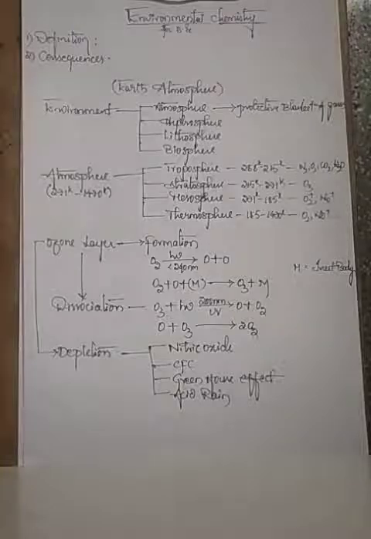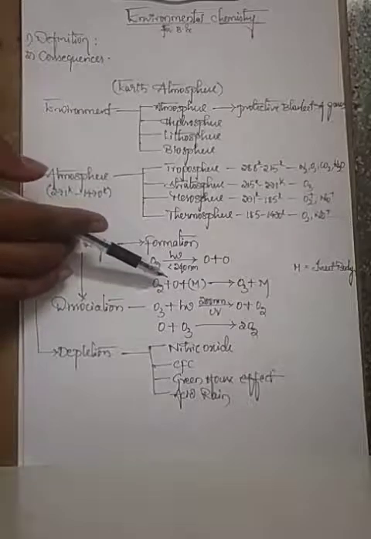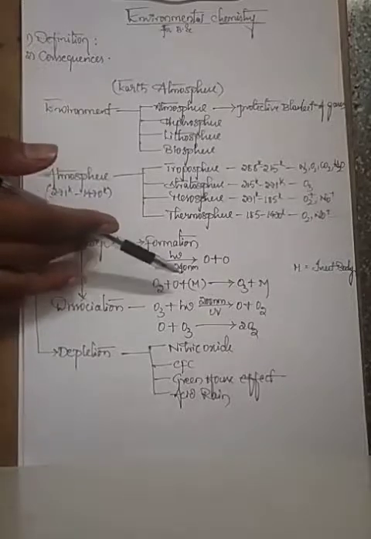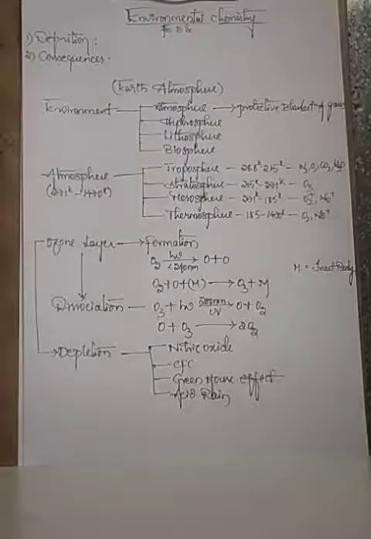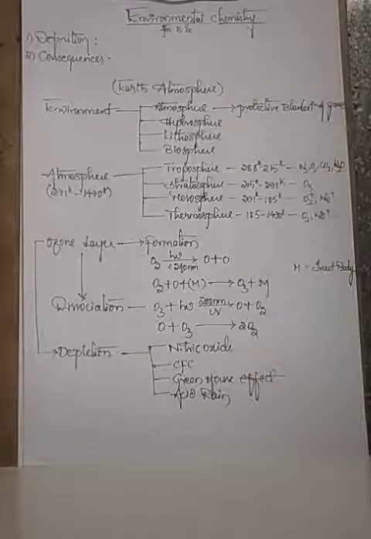In the presence of sunlight with a wavelength less than 240 nanometers, oxygen forms 2 atoms of oxygen, and then an oxygen atom reacts with 1 mole of oxygen and then with an inert body M to form ozone, O3, along with liberation of the inert body. Why are we considering that M? M is an inert body which takes away the excess energy liberated in the reaction, thus stabilizing the O3 molecule.